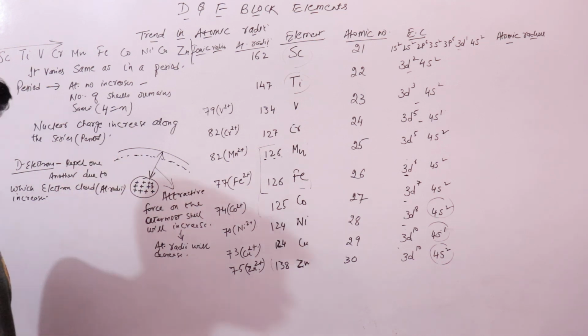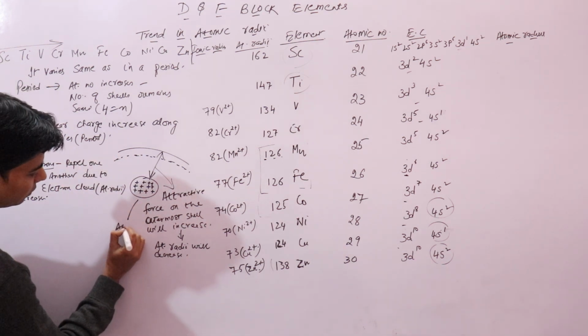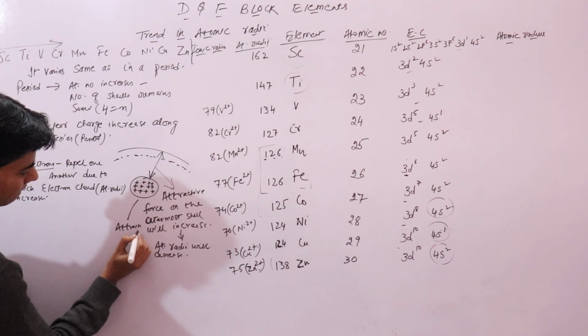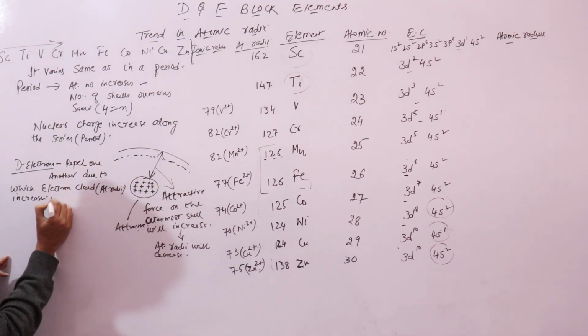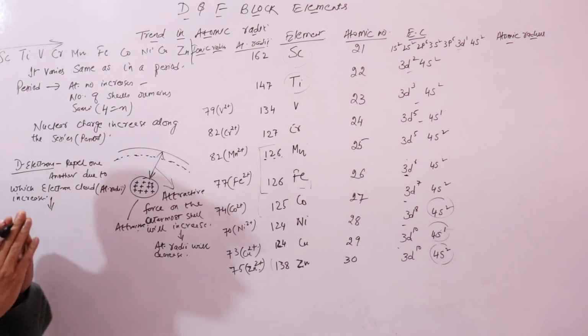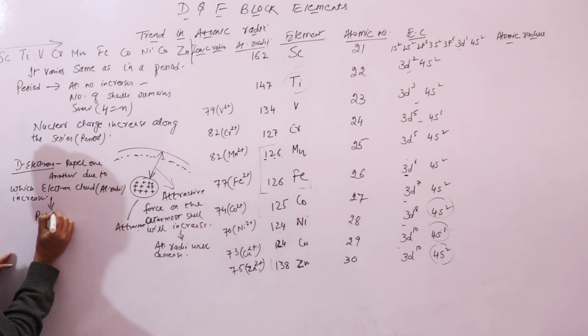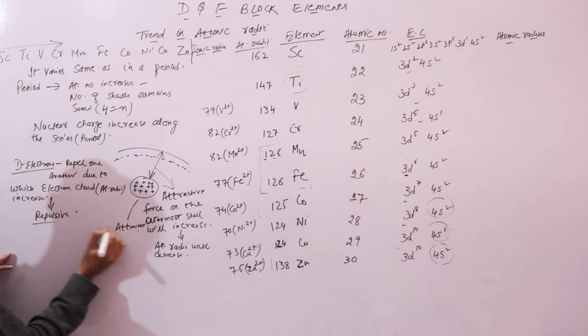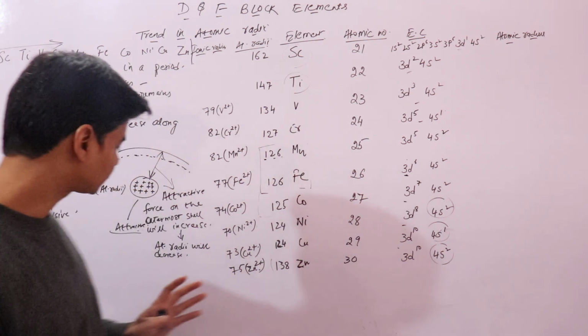So these are kind of two opposing forces. This is attractive, right? And this is due to d electrons in the penultimate shell. This is repulsive, right? So these two are opposing forces, right? They oppose one another.